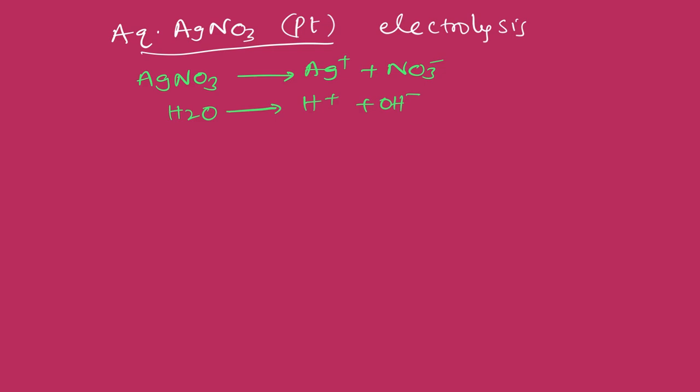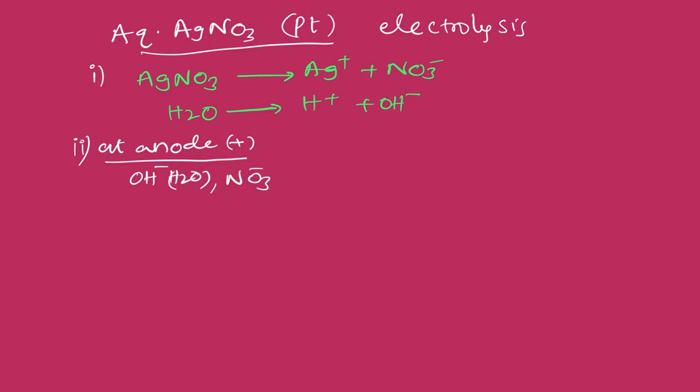Now at the anode, this is the first step, this is the second step. At the anode, what is the charge? Positive. Which ion will be oxidized at the anode? Negatively charged ions, that is OH minus, which actually comes from the water, and NO3 minus.